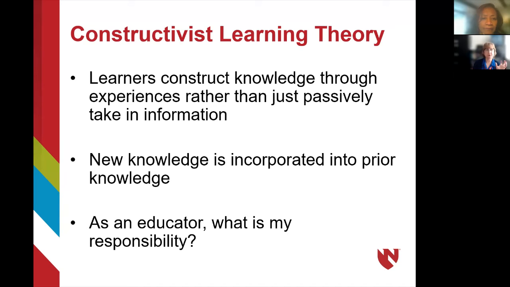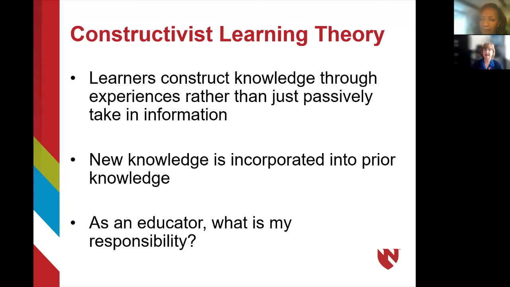But it was pretty much left there: lecture, and then some sort of assessment at some point in time, and maybe a few application exercises in between. But as I started thinking about how individuals learn, I thought that I really needed to alter how I engaged with learners in a very different way.